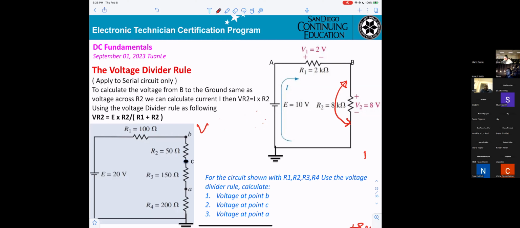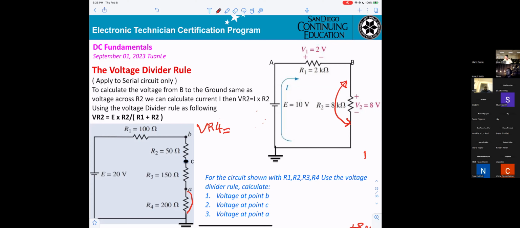I'm not sure where you pointed to. Okay, thank you. I want, let's see, VR4. Using the voltage divider, you want the voltage here.